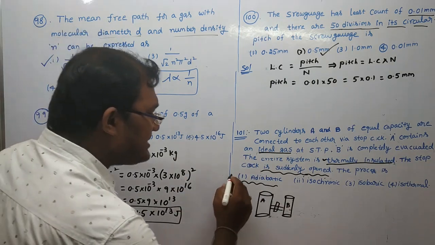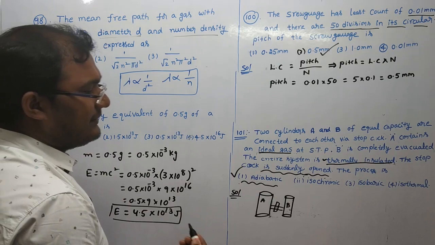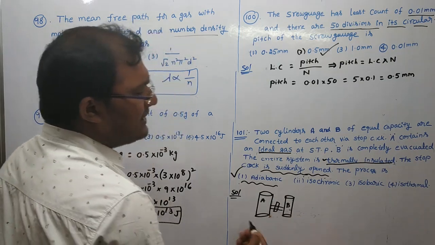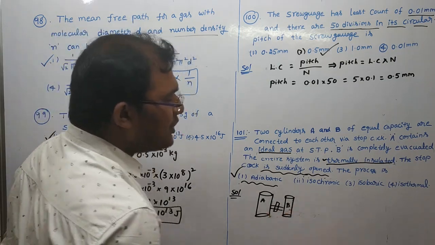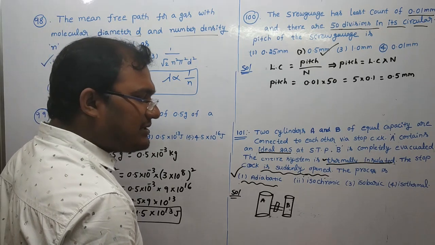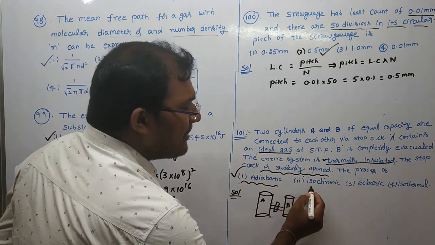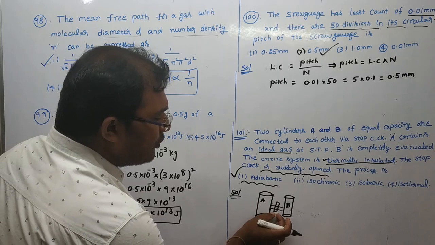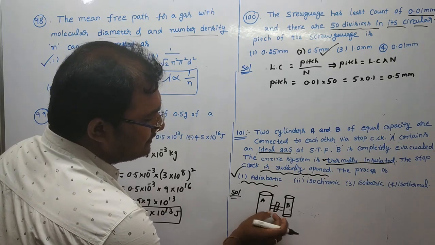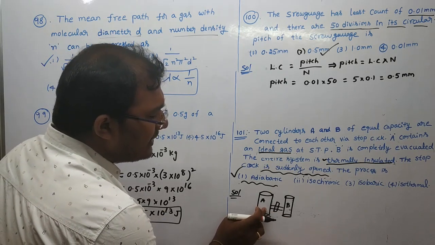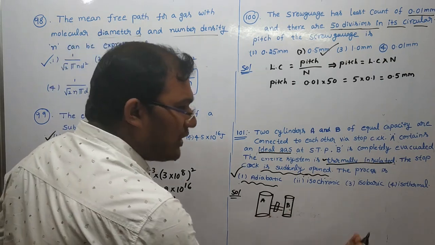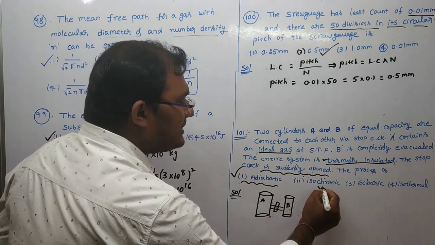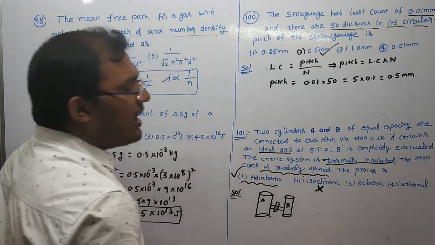So our option is 1. Let us check the second one. Isochoric means volume remains constant. When we open the rubber cork, the volume of the ideal gas increases. So volume changes. So our option is not isochoric.